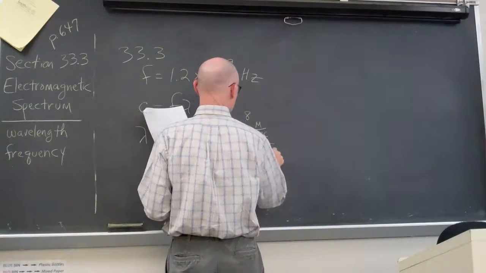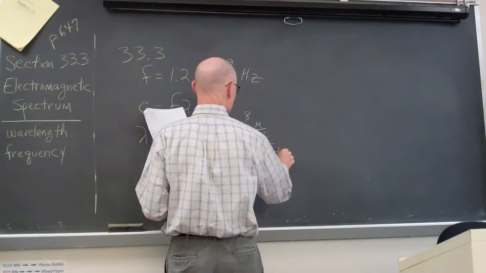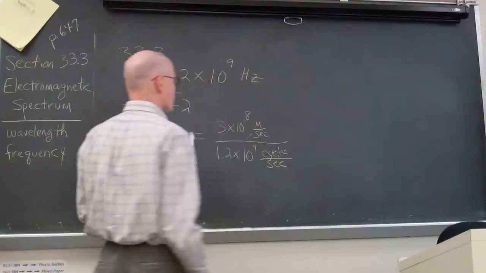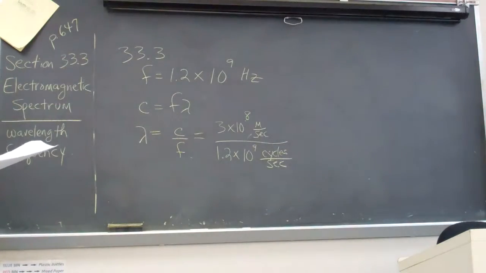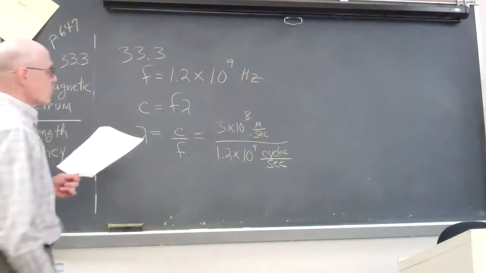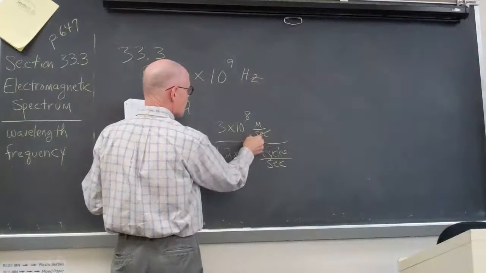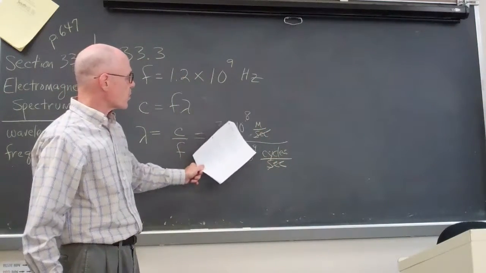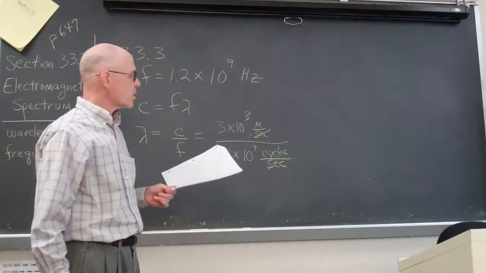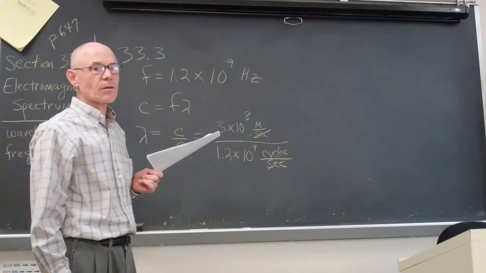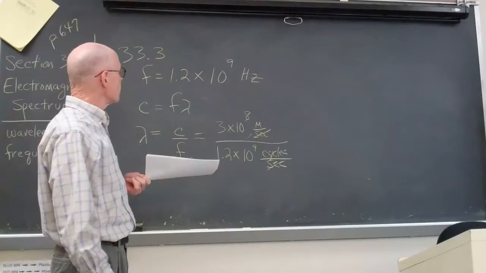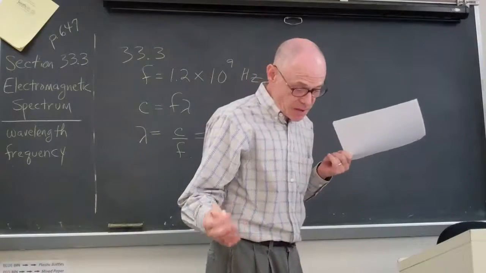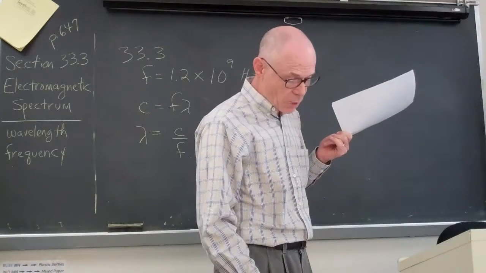And I'm not going to write hertz, I'll write down cycles per second. That's the most helpful form. You'll see that the seconds units cancel out and you're left with meters per cycle, which is the formal units for wavelength.